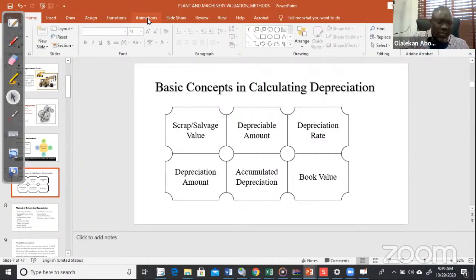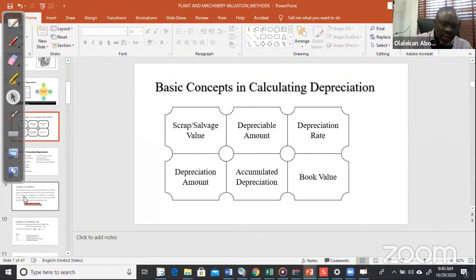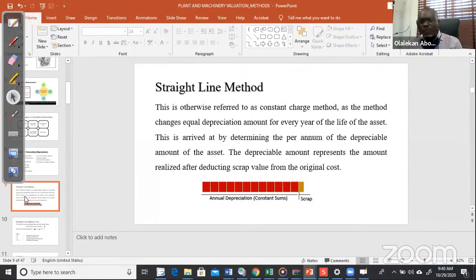I think I have a slide that shows that. Let me take you to that aspect. I will come back to this matter, I just want to show you this image. I use just simple graphics. See these graphics?